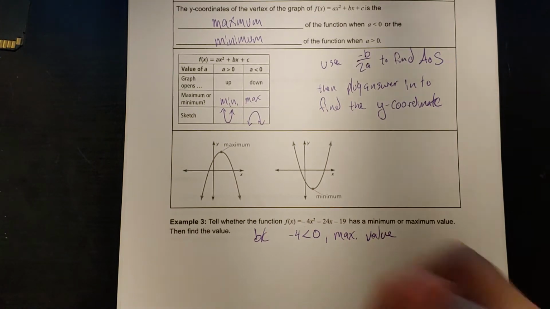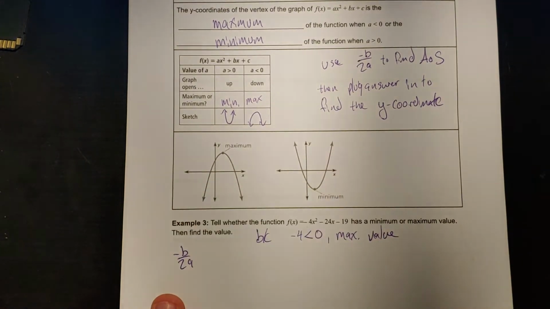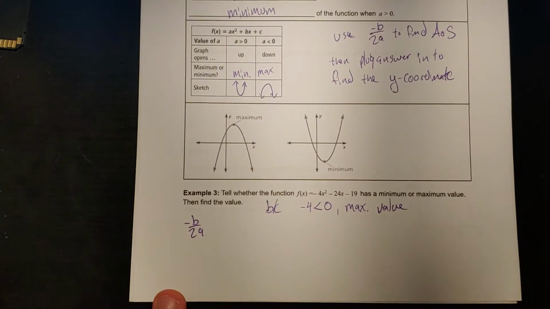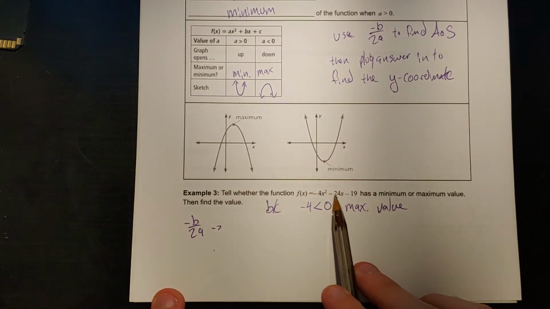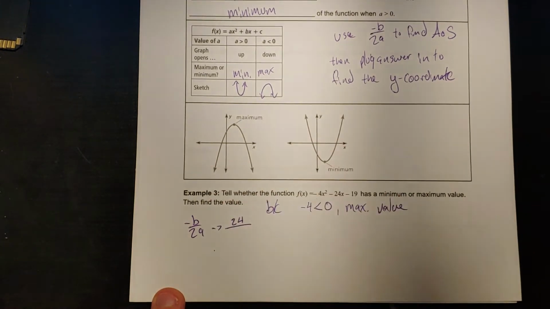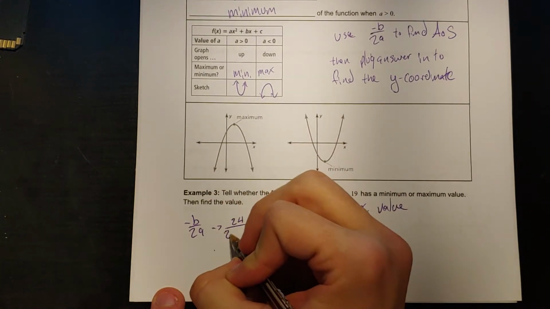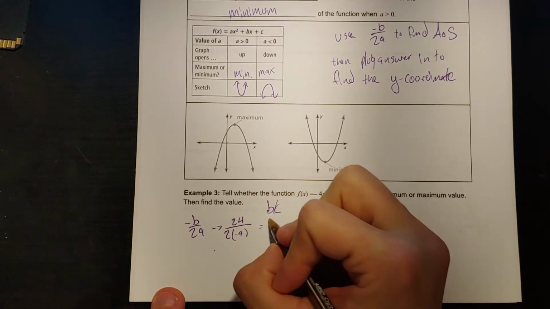So now we need to do the opposite of b over 2a. So the opposite of b, so the opposite of negative 24 is positive 24. And then we have 2 times negative 4. So I'm just going to keep working that math.